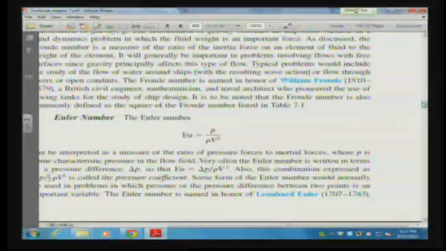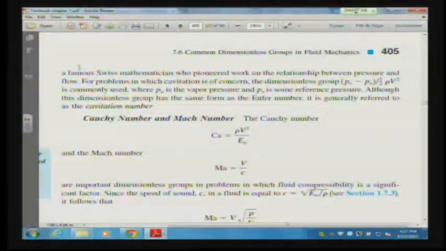And then one of the things that I really want to point out is when we talk about the Euler number, on the top of page 405, they talk about this other number, which I'm not really sure why they haven't chosen to put in the table, because the cavitation number is fairly important in many, many situations.